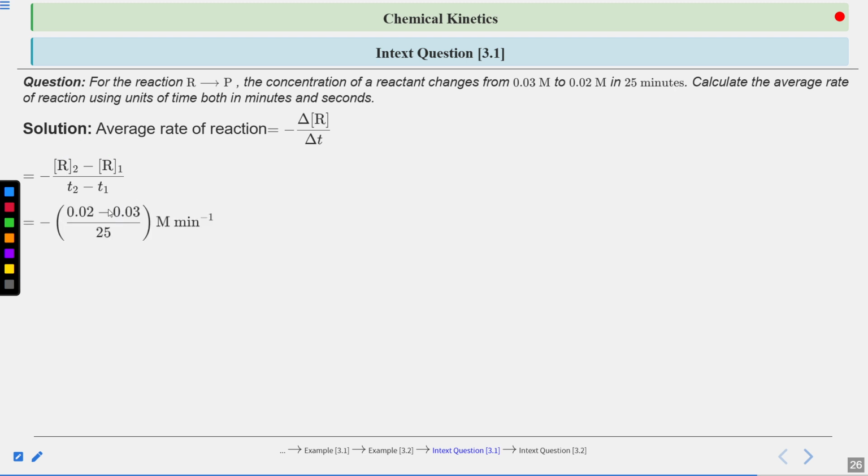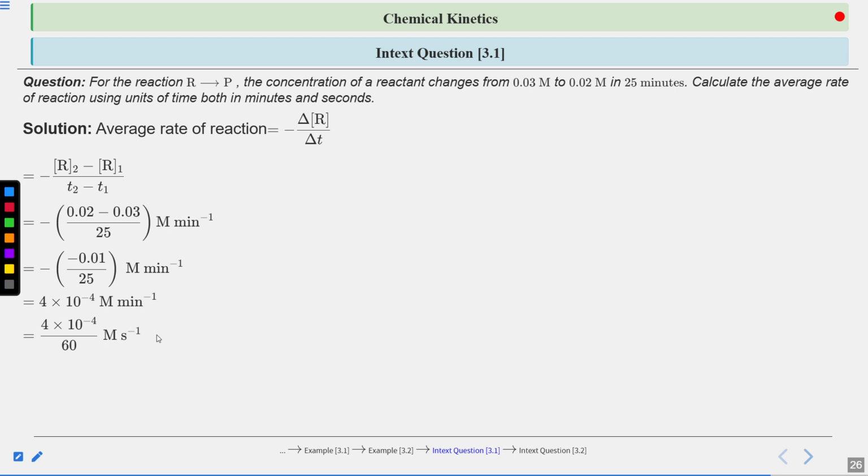As the concentrations are given, so 0.02 minus 0.03 divided by 25 molar minute inverse, and the negative is already present. When you solve it, this fraction will be minus of 0.01 by 25 molar per minute, and this minus will become plus. So this will become 4 times 10 to the power minus 4 molar per minute.